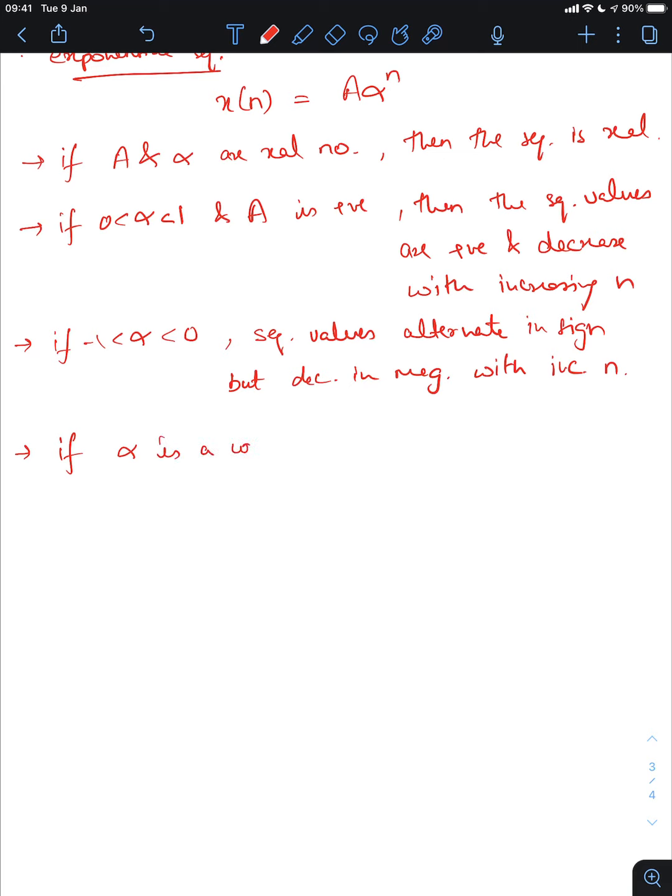is a complex number, in that case you will get the sequence which is denoted by exponentially weighted sinusoids.